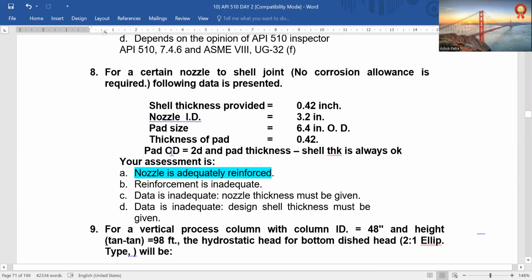For a certain nozzle to shell joint, no corrosion allowance is required, and shell thickness is provided 0.42 inch.